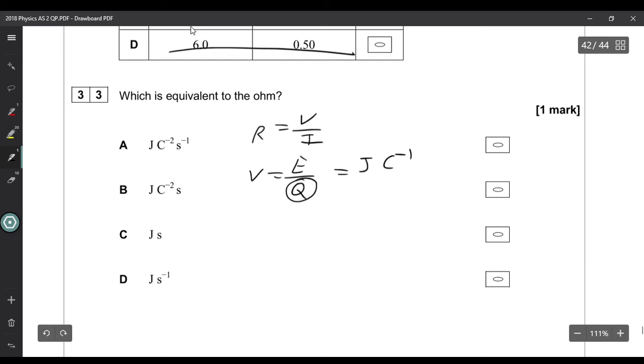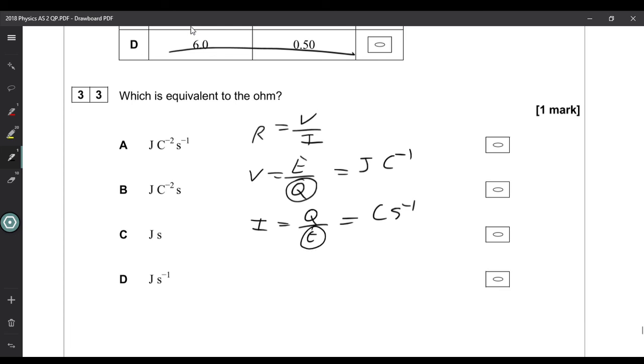We also know that I equals Q over T, and that's equivalent to coulomb per second because we've got coulombs on top and time underneath, so it's going to be per second.